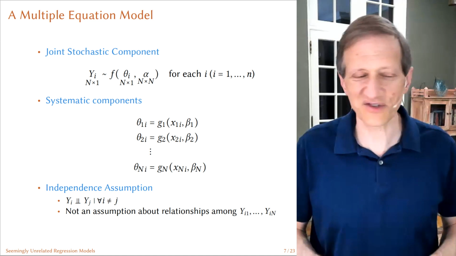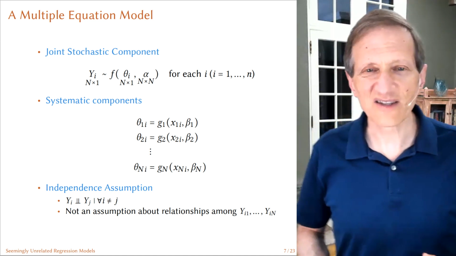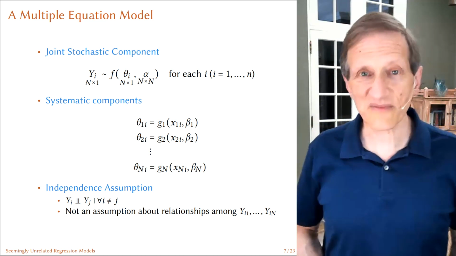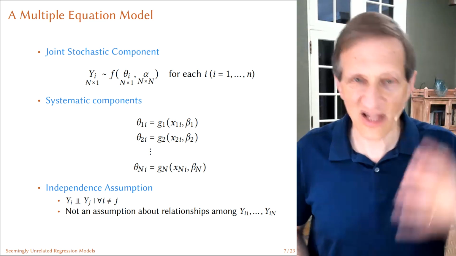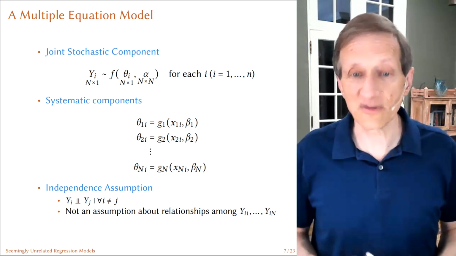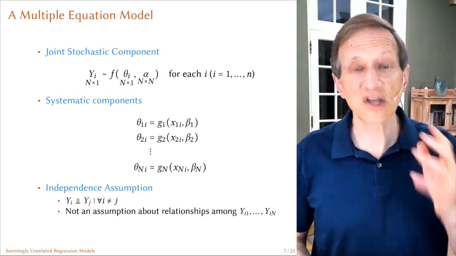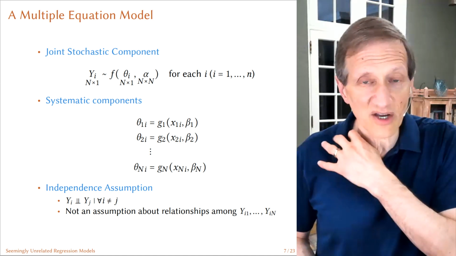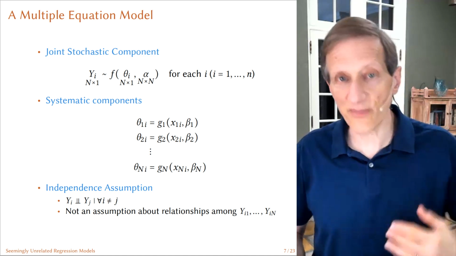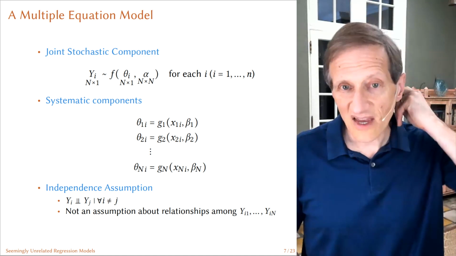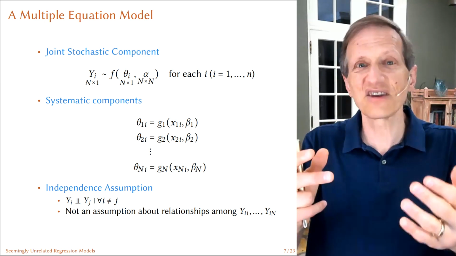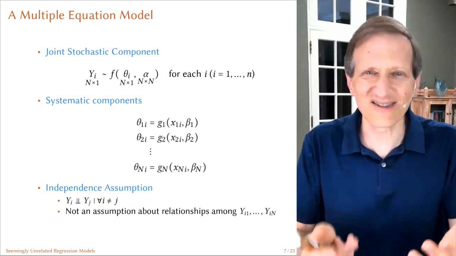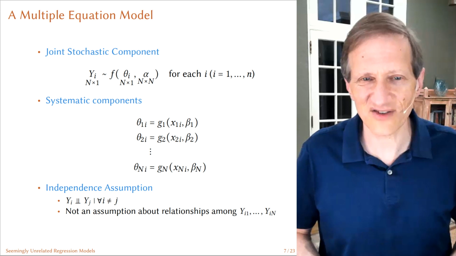So you can think of this as we collected 5 variables for each person, capital N is 5, but we have 1,000 people. And the independence assumption here is independence across people, not within the 5 things. Because within a person, if you ask 5 questions, they're going to be related in some way. You wouldn't want to make an independence assumption about that.